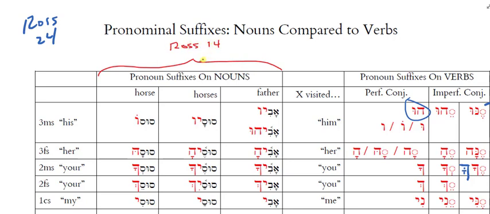And you started learning these pronominal suffixes in ROS 13, where we were adding them to the lamed preposition. Okay? So we added pronominal suffixes to the prepositions in 13, and then we learned how to add them to the nouns in 14. Then over here, we're dealing with adding pronominal suffixes directly to verbs. And what we were discussing was perfect conjugation or imperfect conjugation. And the imperative is included in that. So that's ROS 24.